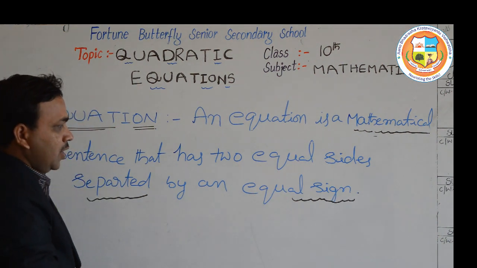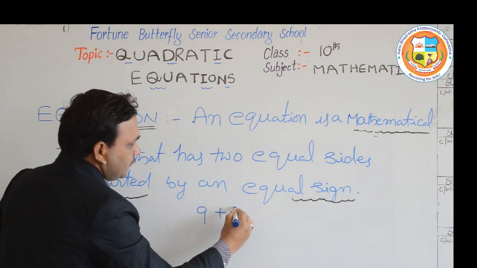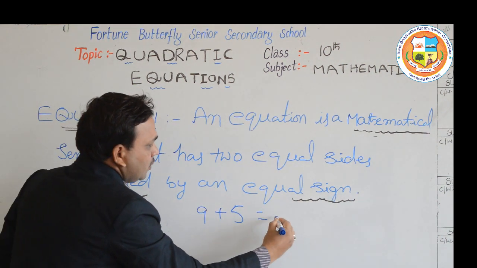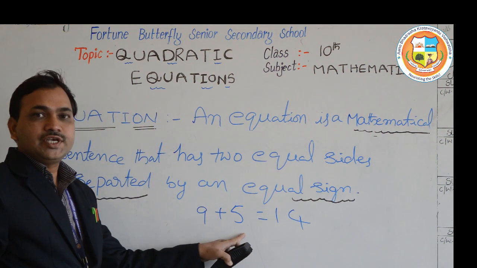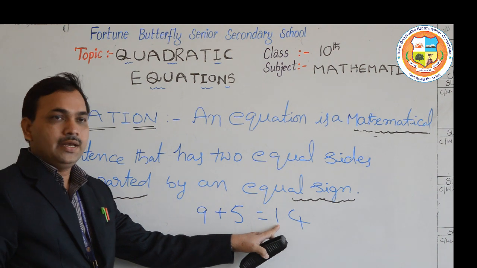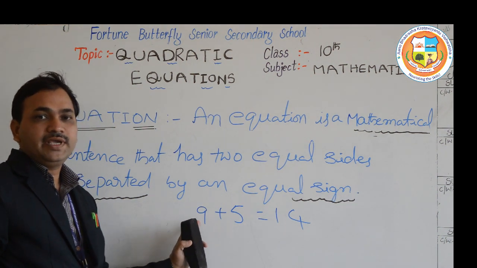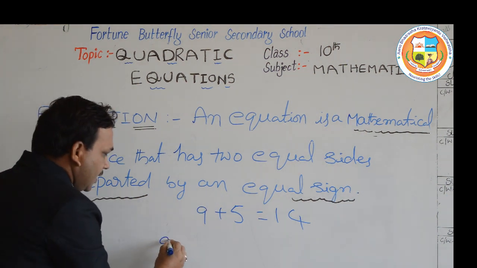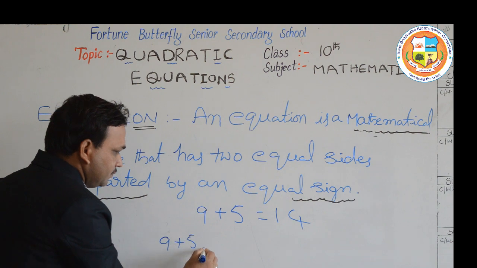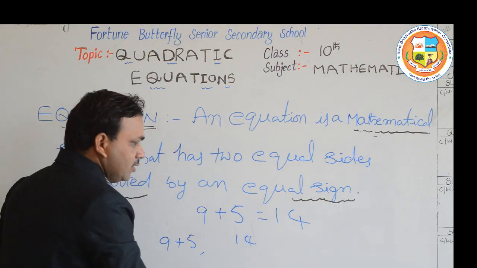Let us see some examples here. 9 plus 5 is equal to 14. Now we can see the left hand side: 9 plus 5. Then what is on the other side? 14.